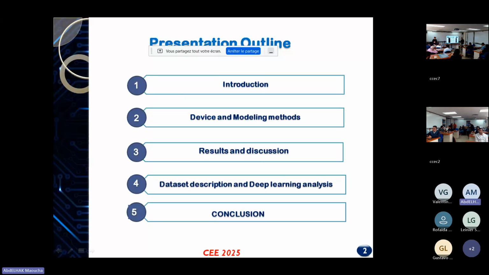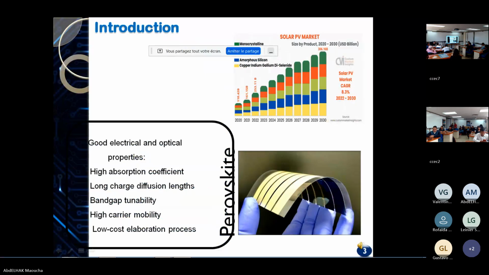So the structure of the presentation is outlined as follows. We will commence with an introduction. Following that, we will present the device and modeling methodology. Then, dataset description and deep learning analysis. To conclude, we will summarize this presentation by offering some insights and discussing potential avenues for future work. Perovskite solar cells have attracted huge interest because of their high efficiency and low fabrication cost.